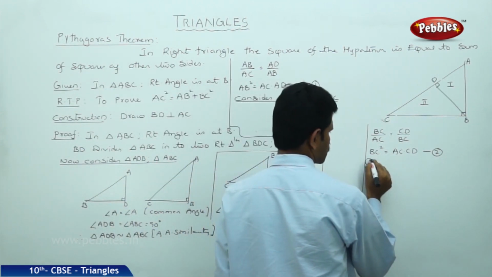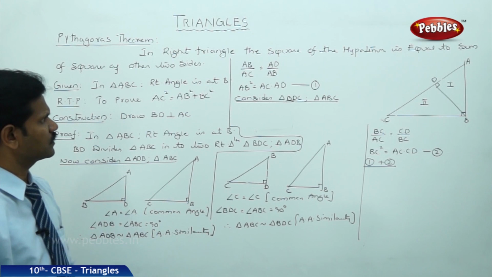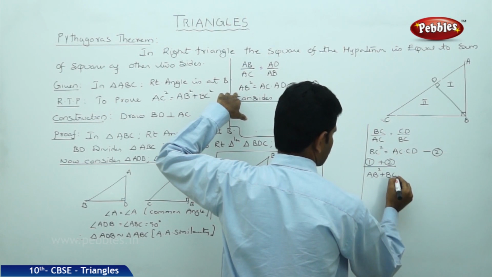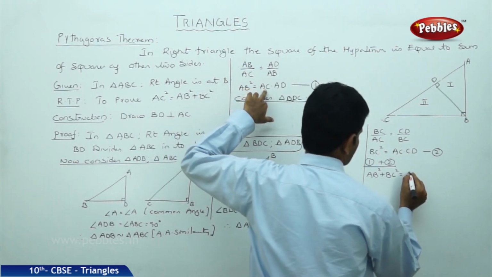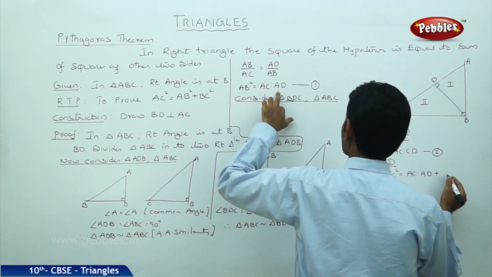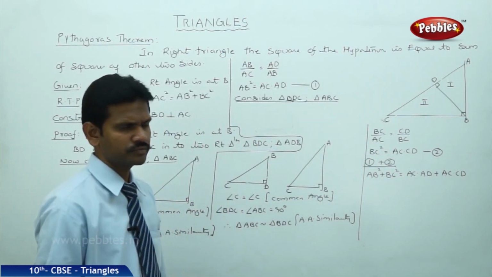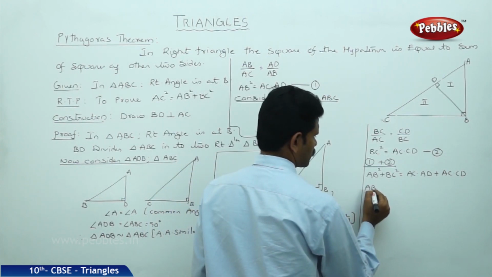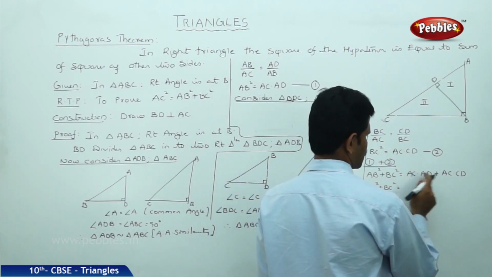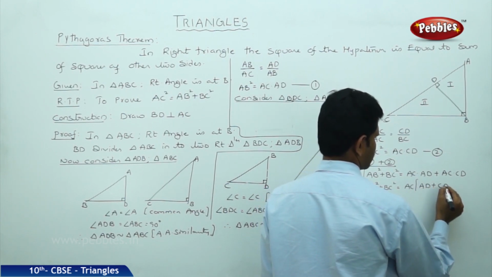Now equation 1 plus equation 2. Equation 1, AB square plus BC square is equal to AC into AD plus AC into CD from equation 2. Now AB square plus BC square is equal to AC take common, AD plus CD.